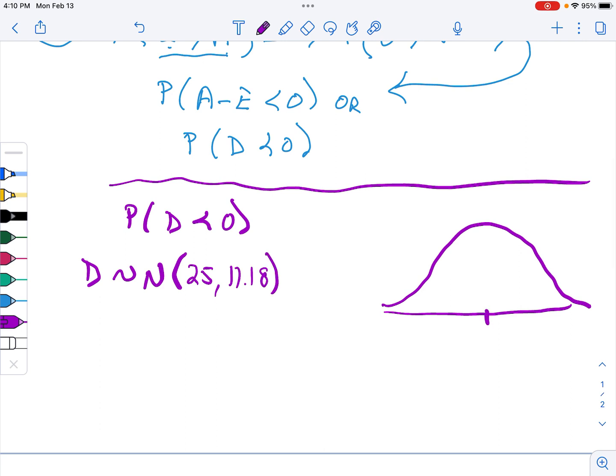All right, so here's our mean. Our mean is at 25. Right here is 0. And here is the area or the probability that we're looking for.